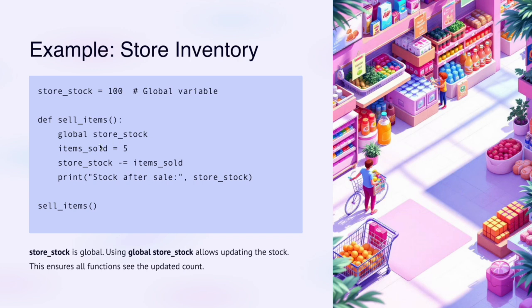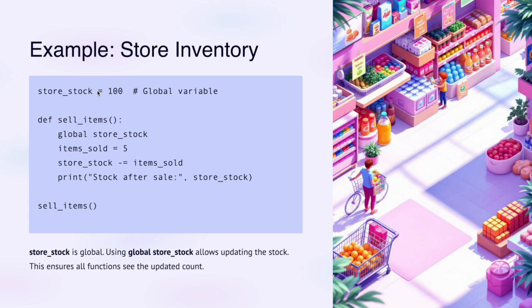Items sold, how many items sold in a day, let's say 5 items got sold. So store stock minus items sold, print sell items, we have called the function. So the total inventory has been modified. Now 95 items are there.